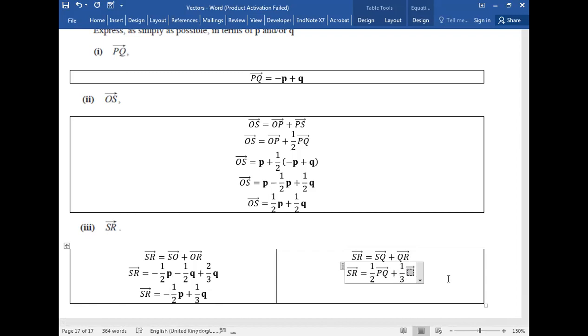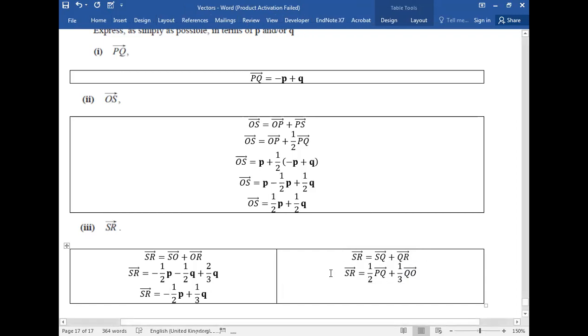Yes, going from Q to R. That is 1/3 of Q, right? Makes sense? Direction is the only thing you need to worry about in these questions.